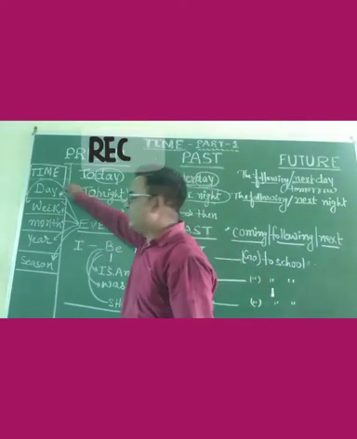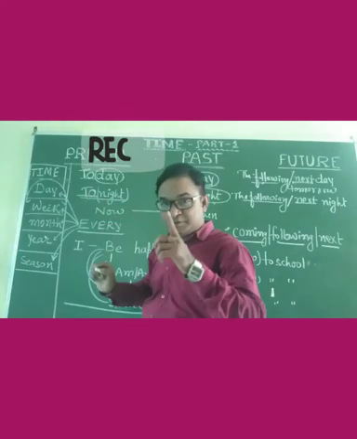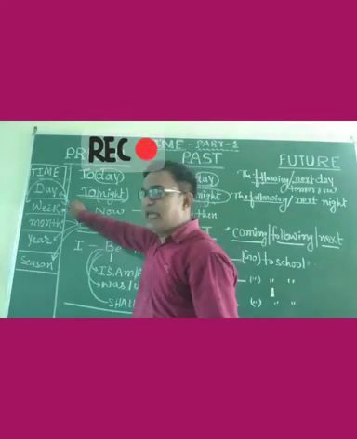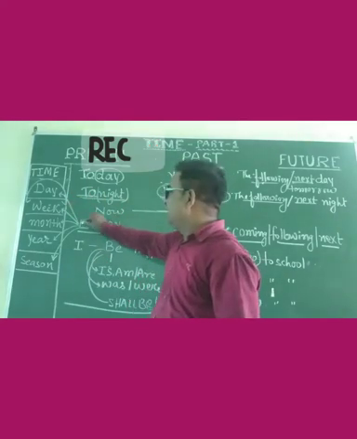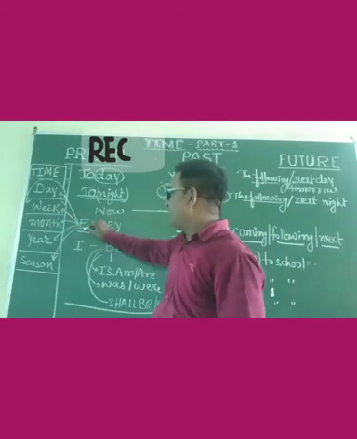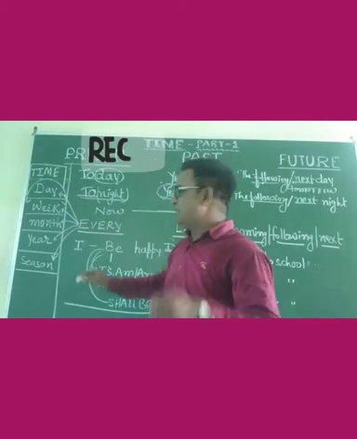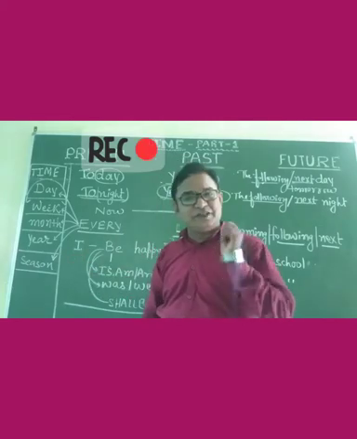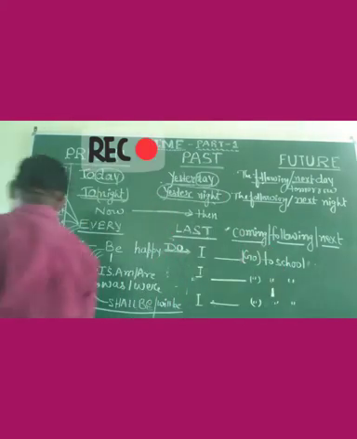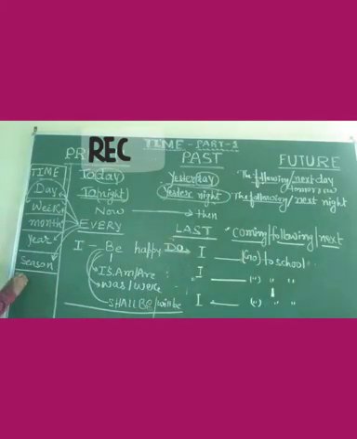Day. Every day. It is present time. Every week, it is present time. Every month, it is present time. Every year, it is present time. Every season. Season here stands for summer. Winter.